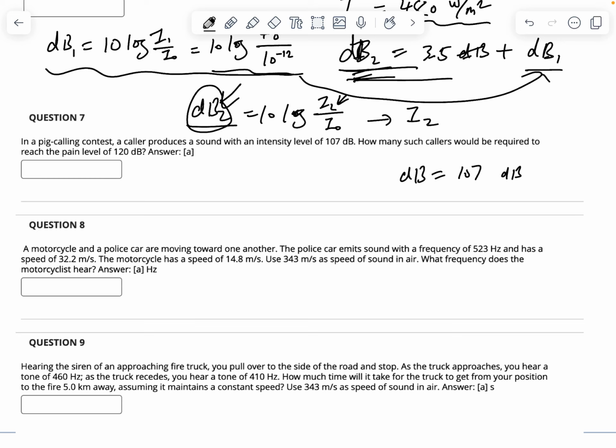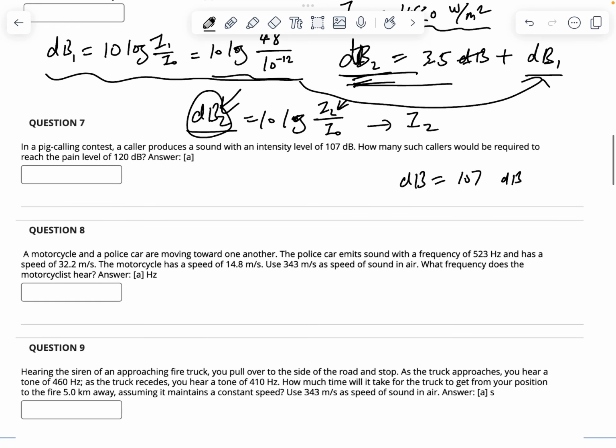107 dB level. How many such callers would be required to reach the pain level of 120? We don't know. Let's see, what is its intensity?